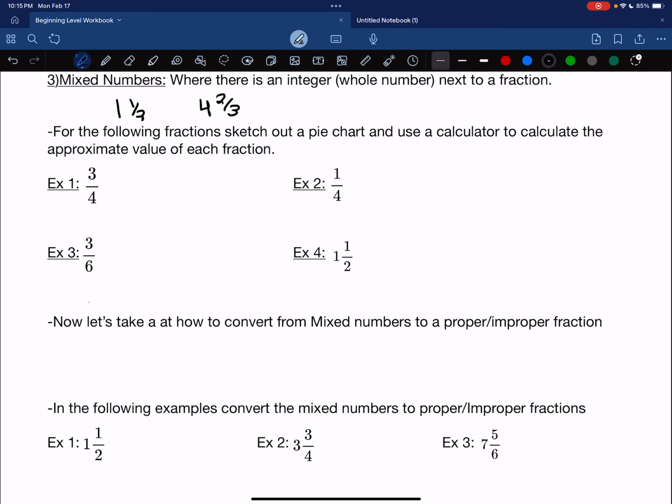The denominator is how many pieces you're going to sketch out. In this case, we're going to draw out 4 pieces. So let me draw out a circle here. We're going to split this into 4 pieces. And then the numerator, the top number, tells us how many pieces we are going to shade in. In this case, we're going to shade in 3.